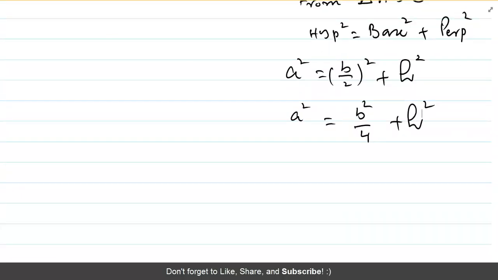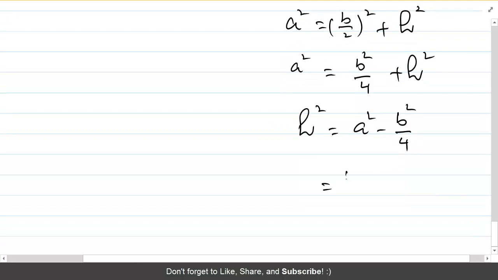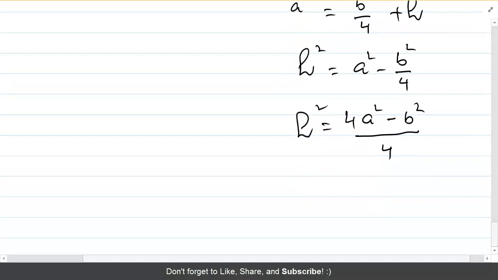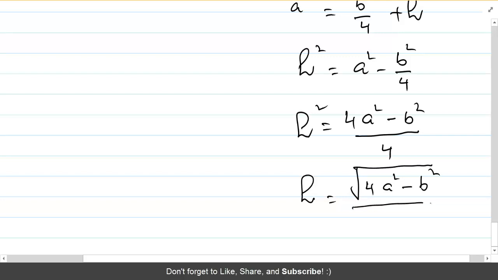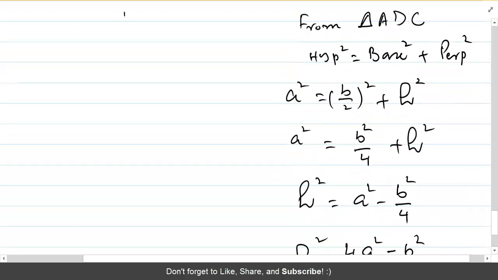And if we want to find the value of H square, we have to isolate it and move everything else to the other side, and this would be 4a square minus b square over 4, which is H square. And let's find the value of H. That is equal to root of 4a square minus b square over 2. So let's put this value in.